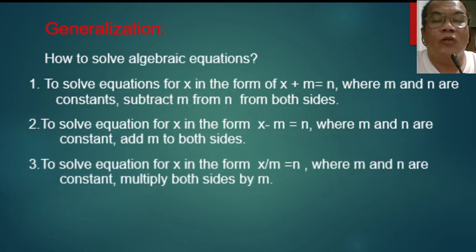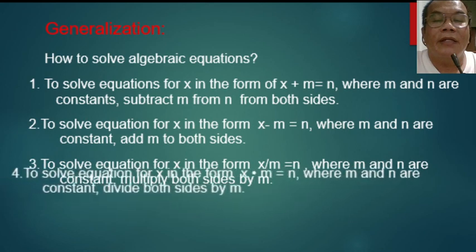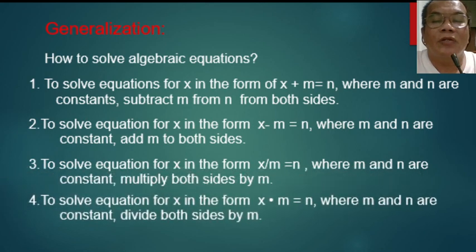And then to solve an equation for x in the form of x divided by m equals n, where m and n are constants, multiply both sides by m. And to solve an equation for x in the form of x times m equals n, where m and n are constants, divide both sides by m.